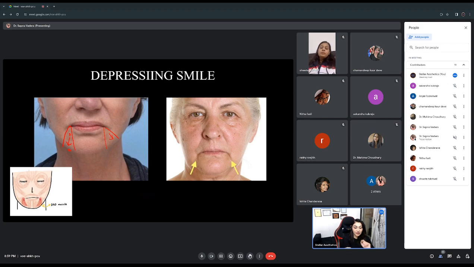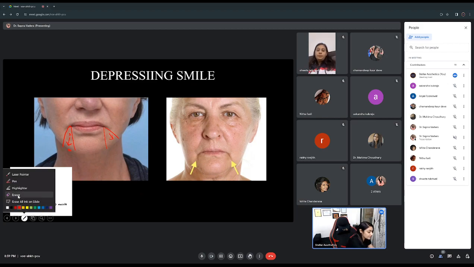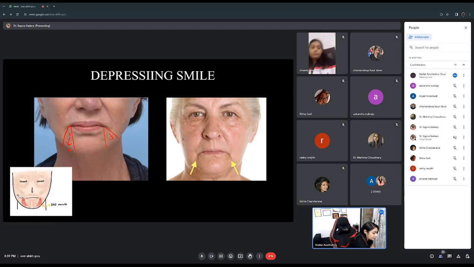Now, if the corner of the mouth is only a little bit down, like the first image, can you see the difference between the two images? In the first image, there is only a little bit of sadness, a little bit of smile going down. Whereas in the second image, it's more.